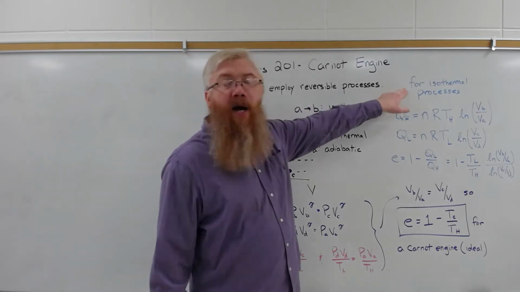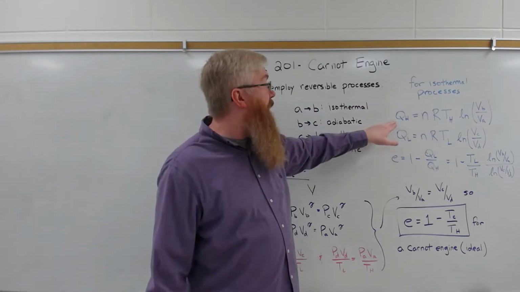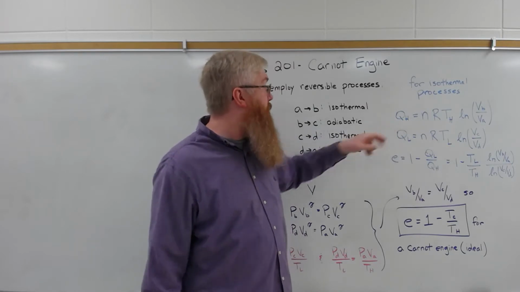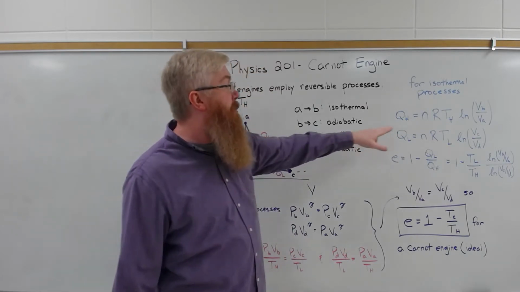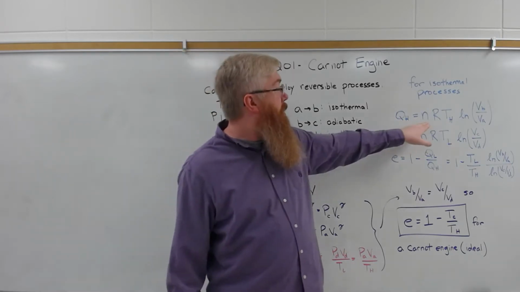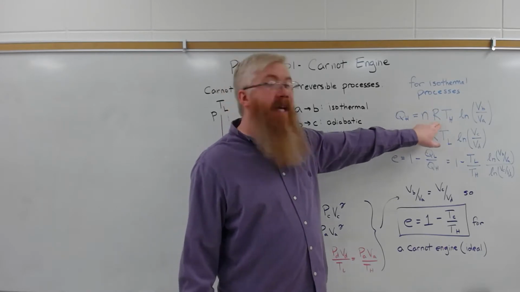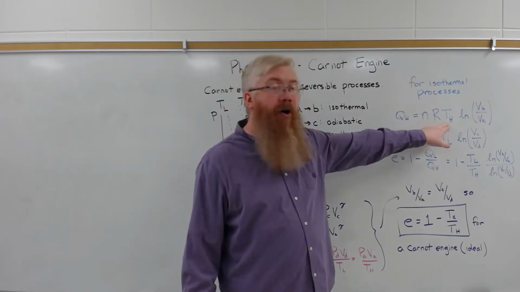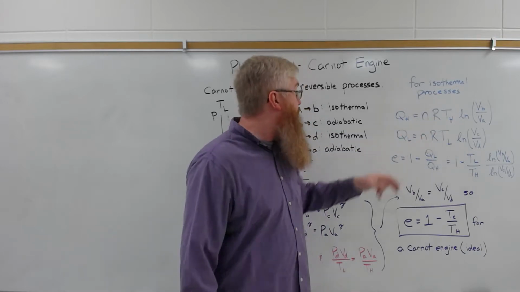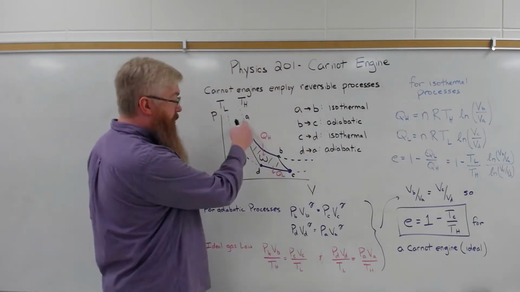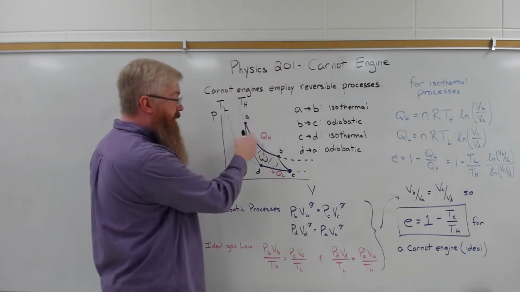For isothermal processes, last chapter, you learned that the work done, in this case the heat added to the system, is equal to the number of moles of the system times the gas constant times the temperature of the system. For Q sub H, the temperature through this whole process is T sub H. It stays on that line.